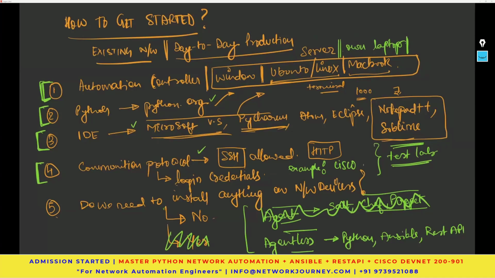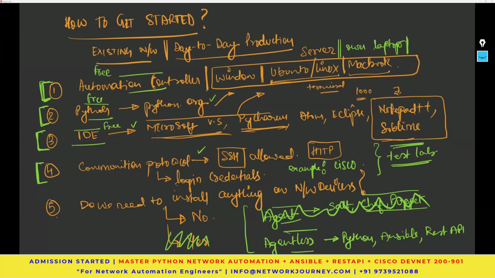Okay. So in terms of cost effectiveness, if you have virtualization, then the VM is going to be free. You're not going to have a dedicated server just for running this. You will already have one in your production, you just need another VM. This is free. You can get the community version of Microsoft Visual Studio or PyCharm.